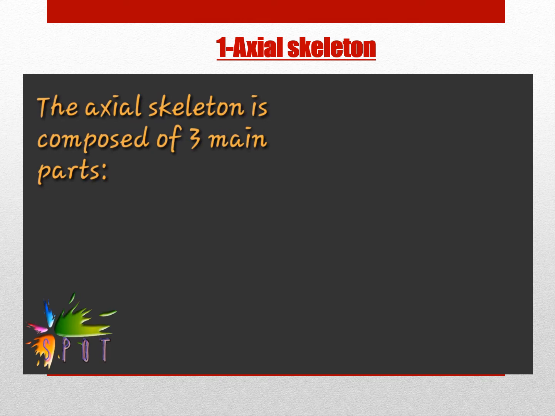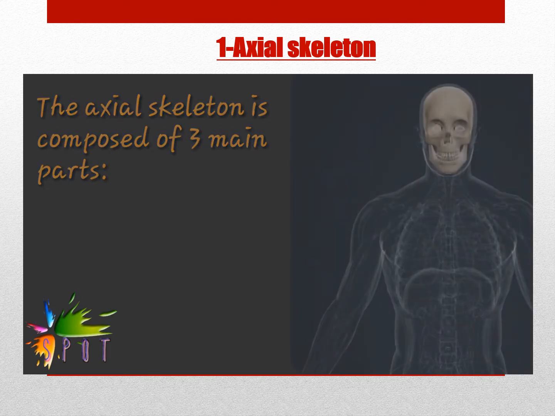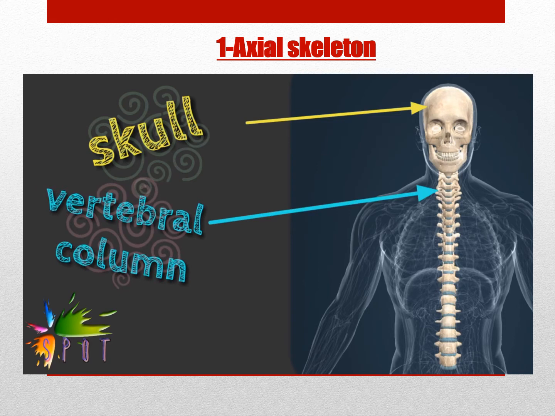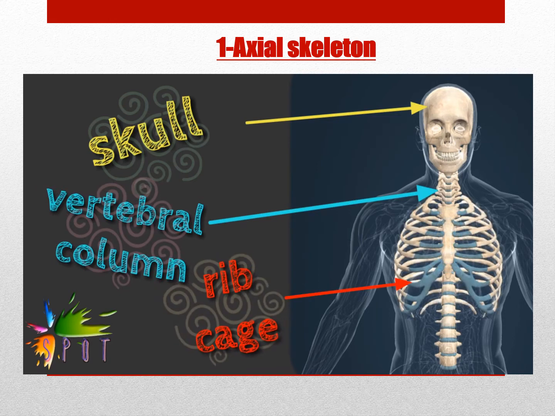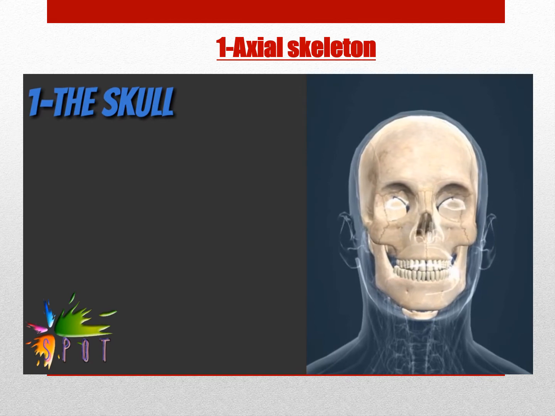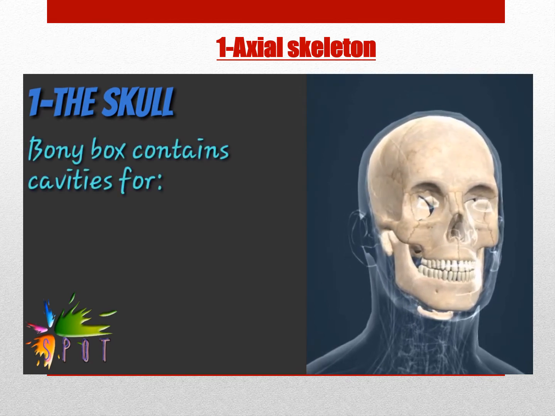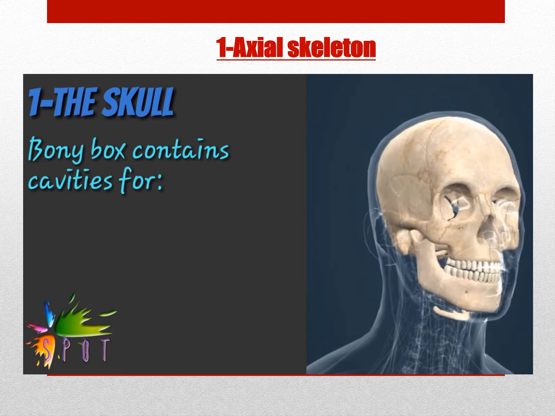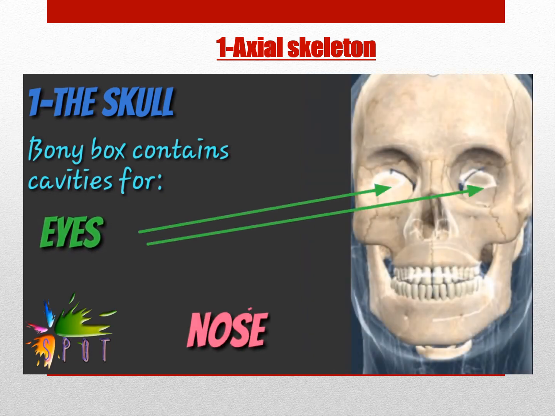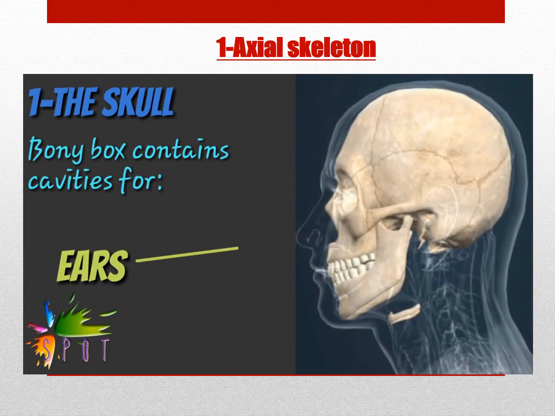The three main parts of the axial skeleton are the skull, the backbone or vertebral column, and the rib cage. First, the skull. It's a bony box containing cavities for eyes, nose, and ears.